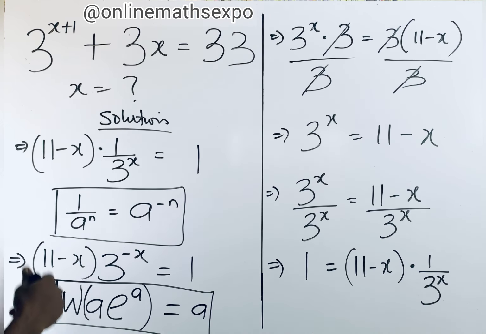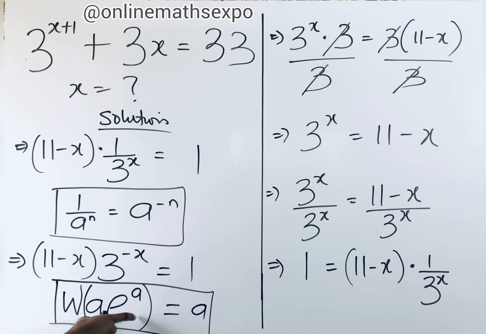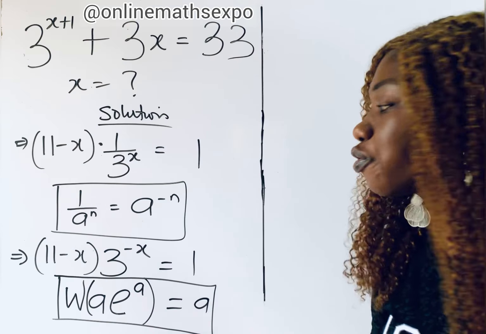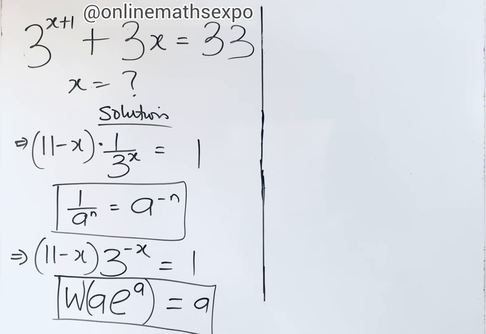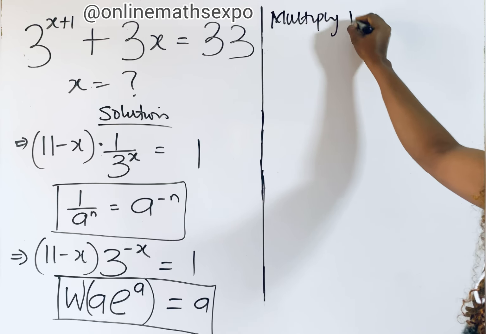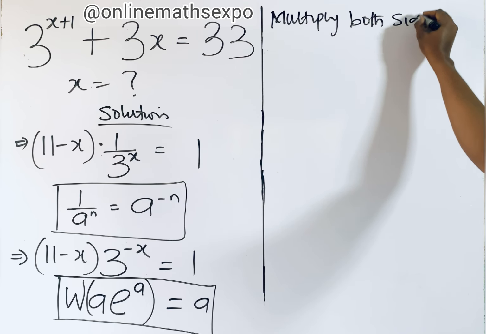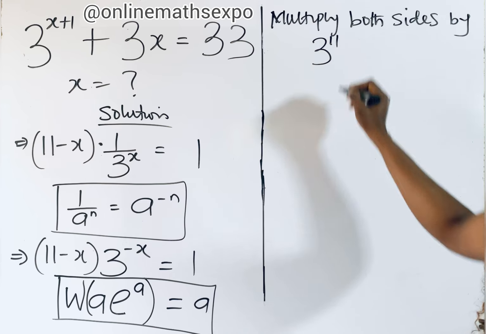So at this point, we are going to do a little touching so that we put this in this form for us to apply the Lambert W function. So what we do first is, because what we have here is 11, we are going to multiply both sides by 3 to the power of 11.